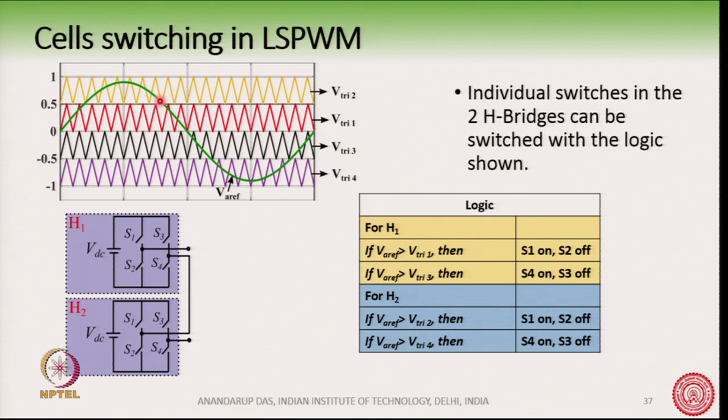So, we can see here that if I see switch S1, then here it is doing this on off, and then S1 is completely turned on here. S1 becomes completely turned on in this portion because, S1 in H1, that is what I am saying, S1 in H1.